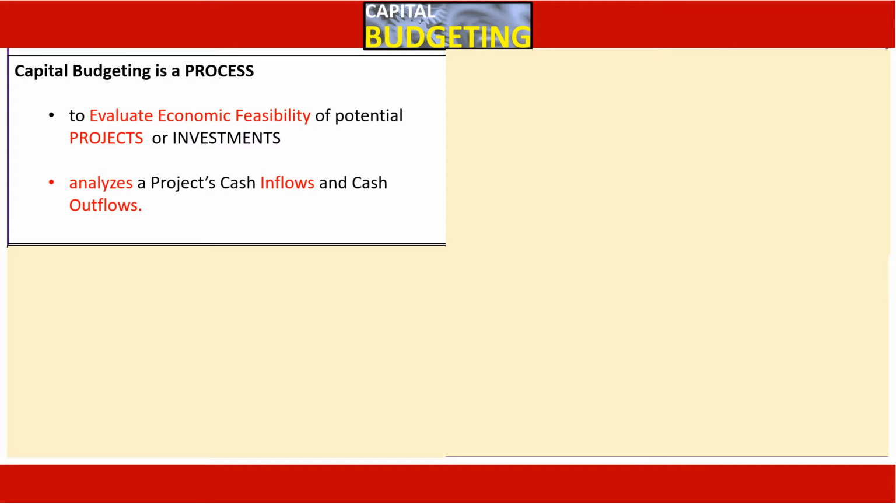Let's have an overview of what is capital budgeting. Capital budgeting is a process. It evaluates the feasibility, economic feasibility to be particular, in respect of projects or investments, basically long term.